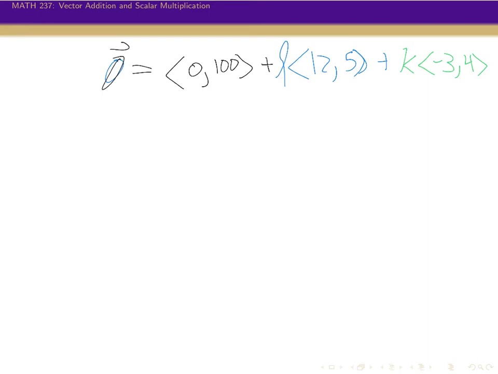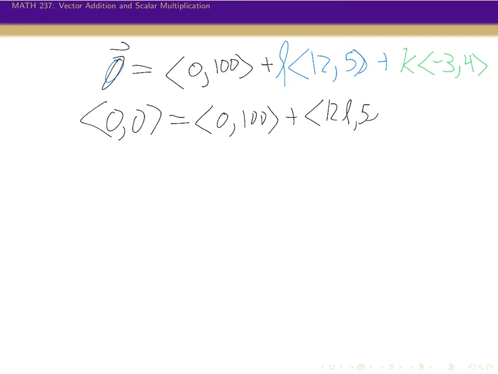And so the 0 vector, which is just (0, 0), is equal to (0, 100) plus (12L, 5L) plus (-3K, 4K).